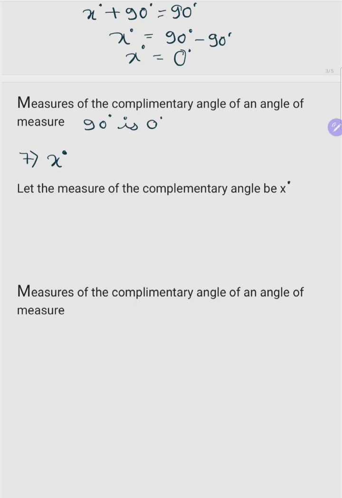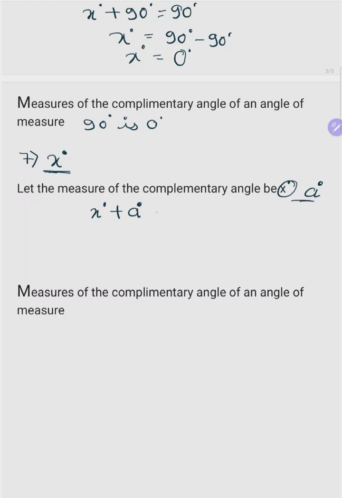So we taken the measure of one angle, the complementary angle. Here taken x degree is there, na? So here taken a degree.